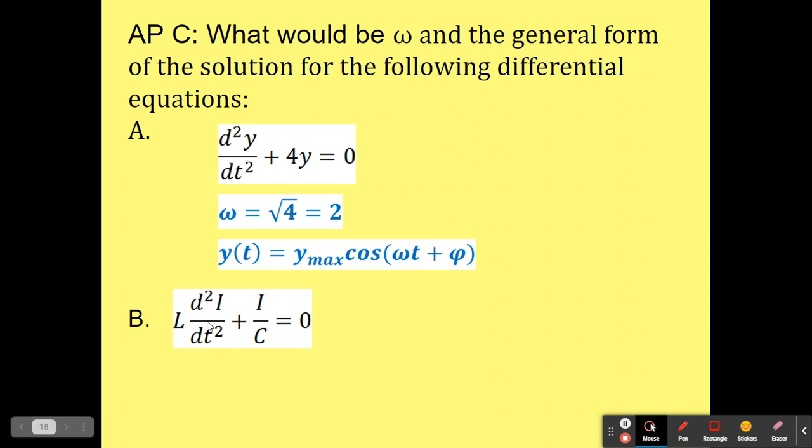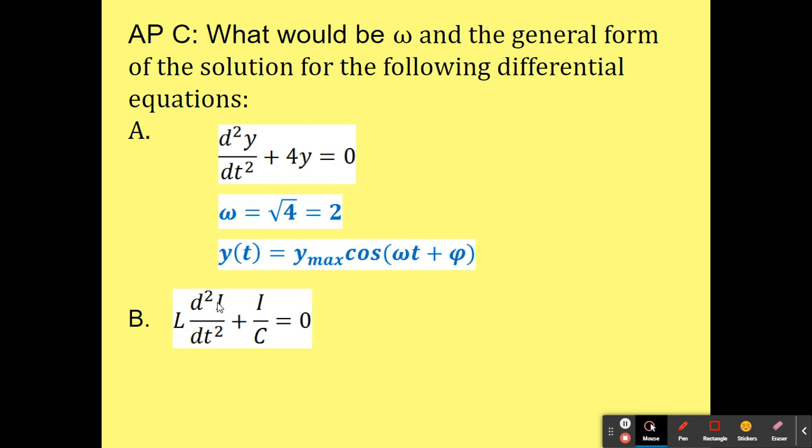This next one is an actual physics equation. If you take electricity and magnetism, which is usually second semester physics in college, then this is an equation that you'll likely become familiar with. In order to figure out what omega is, we have to rearrange this. Notice that I is our variable because it's the second derivative of I with respect to time. L stands for inductance in an LC circuit, which you don't need to worry about.